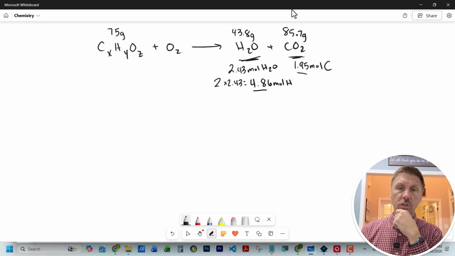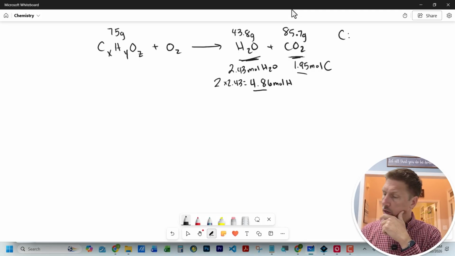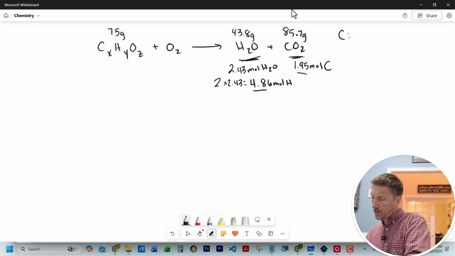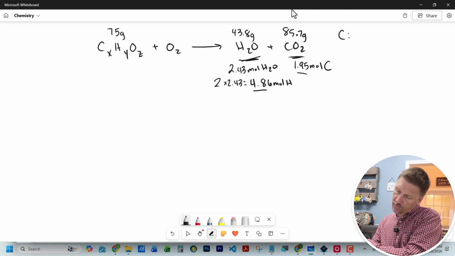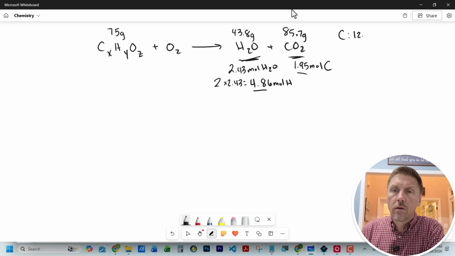So how do we do that conversion? Well, we go to the periodic table and see that carbon has an atomic mass of 12.01, which means the molar mass is 12.01 grams per mole.